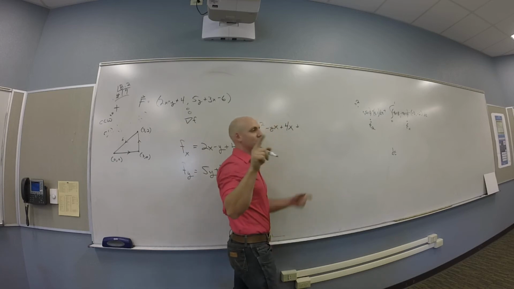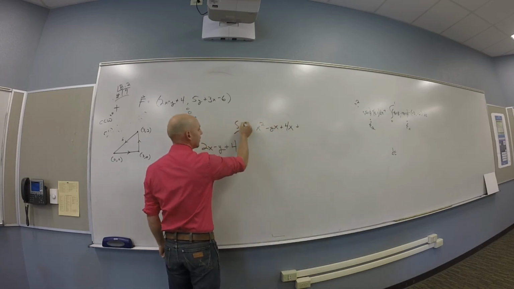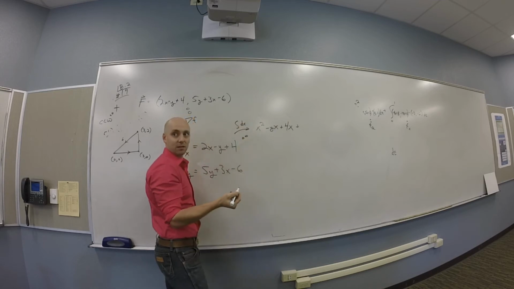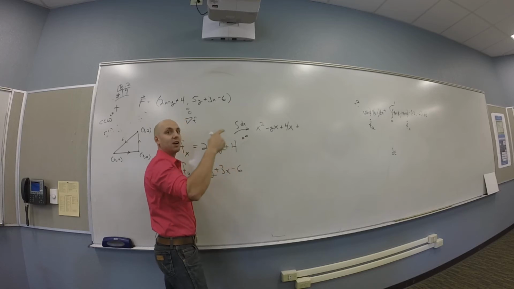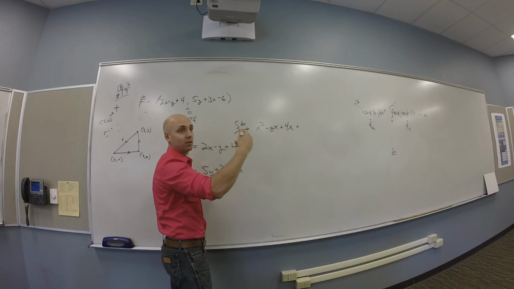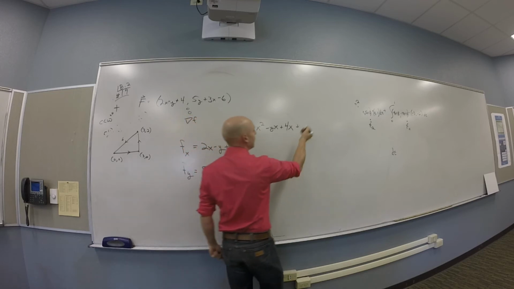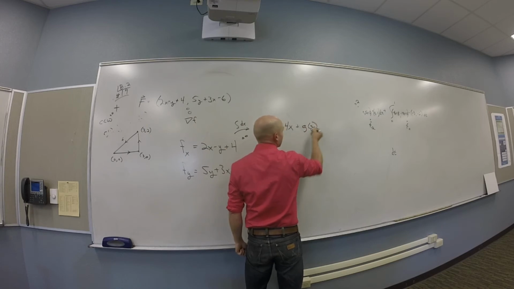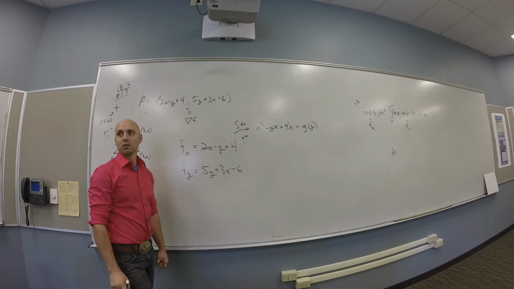Oh, plus C. So be careful with your plus c's, right? Because this thought is like an integrate dx, right? Like that's what you're doing. So the things that are constant here are constant with respect to x. So these could be some whole function of y, right?